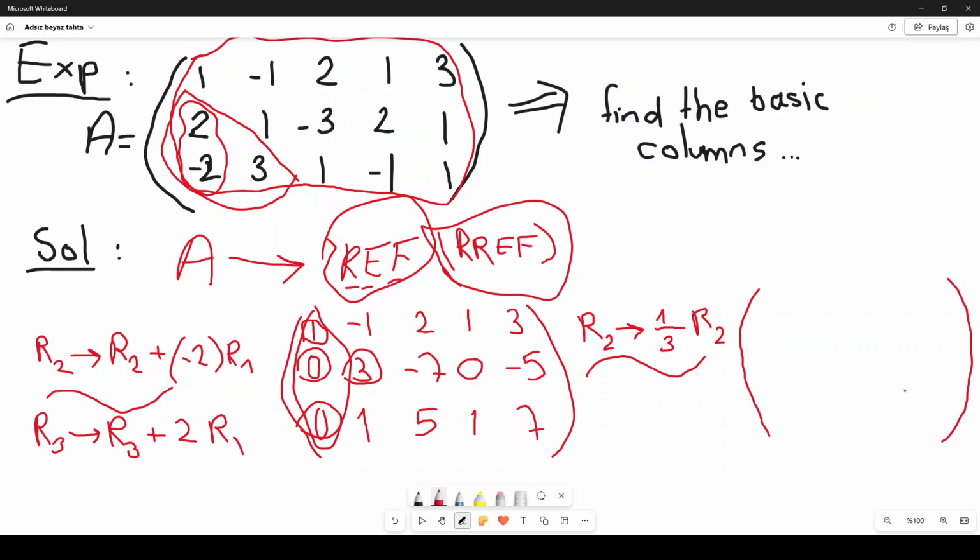as desired. Let's see. So I got 1, minus 1, 2, 1, and 3. And in the second row I got 0, 1, minus 7 over 3, and 0, because 0 divided by 3 is again 0, and minus 5 over 3, and the third row remains unchanged, so I just put the values of the third row as they are.